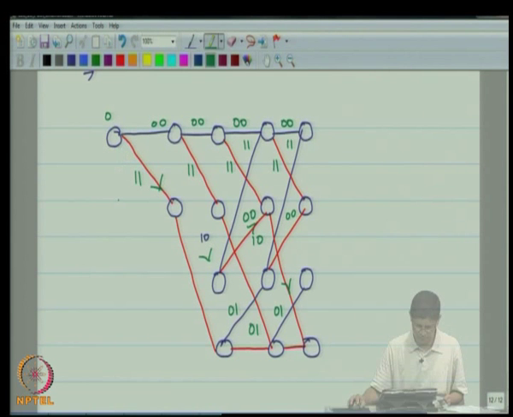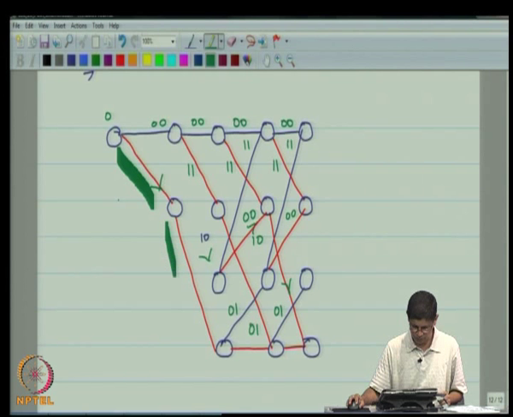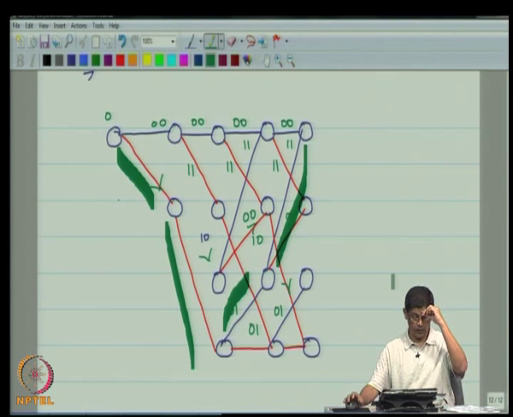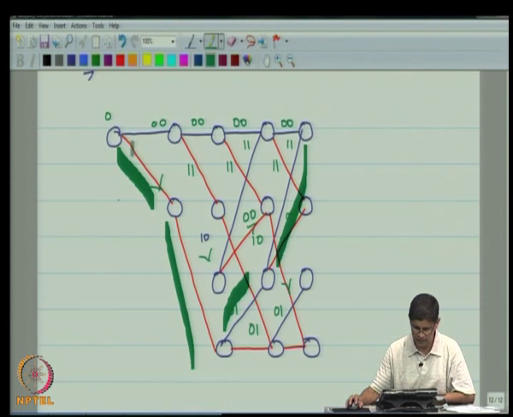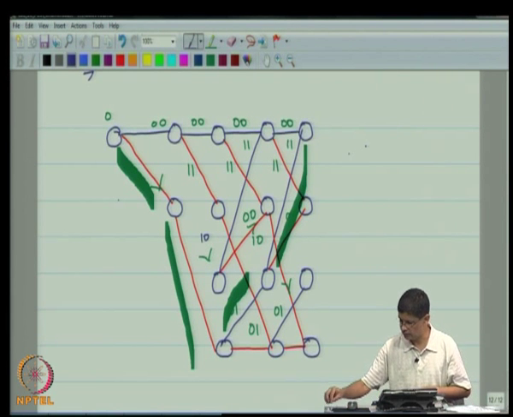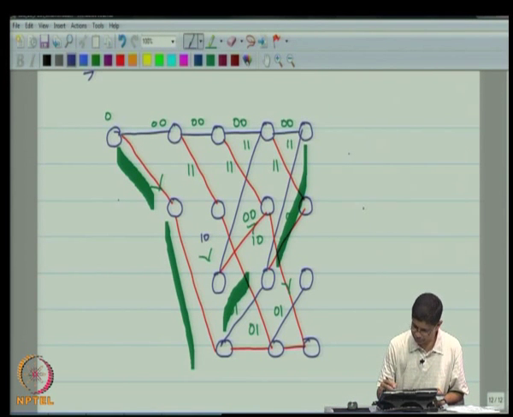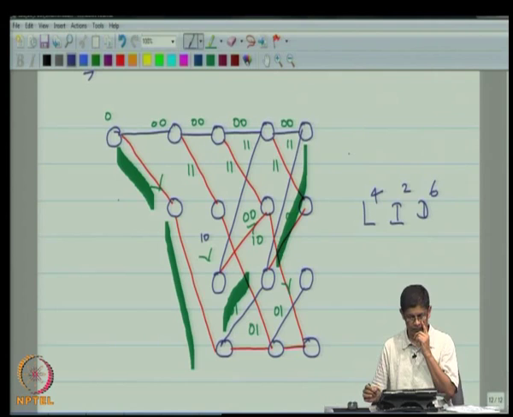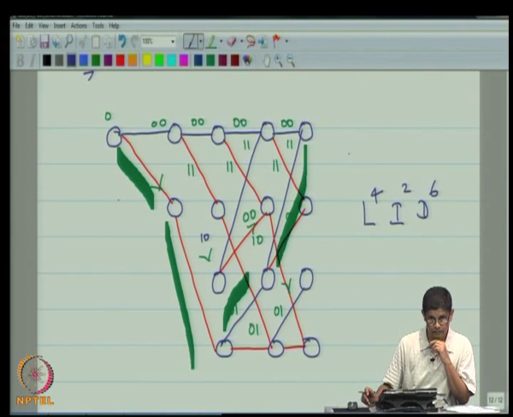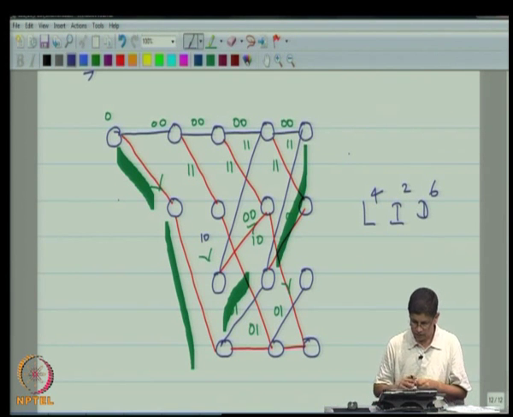So, that means that we are interested in the path which goes like this, and like this. Okay. That is the 4 path segment, and you can see that this corresponds to here to L to the 4, I to the 2, and D to the 6, right. All right.